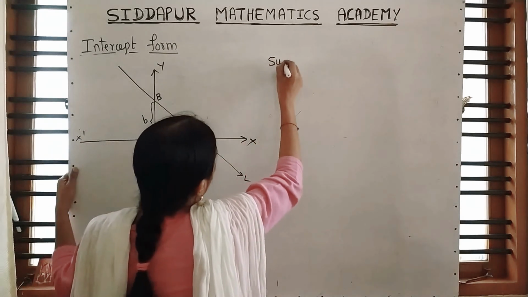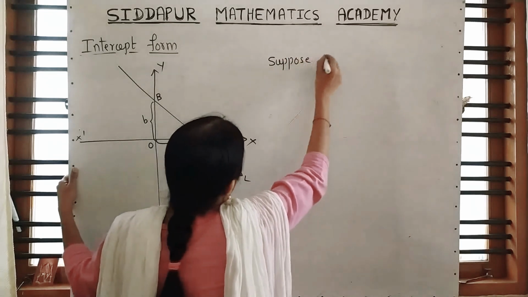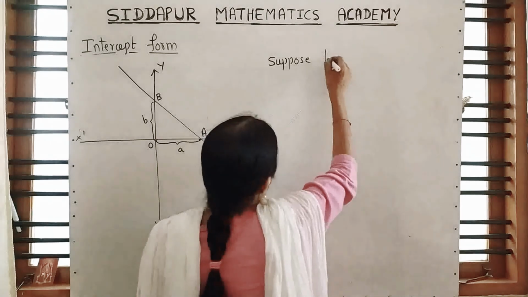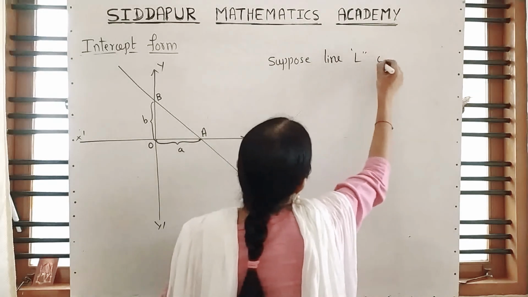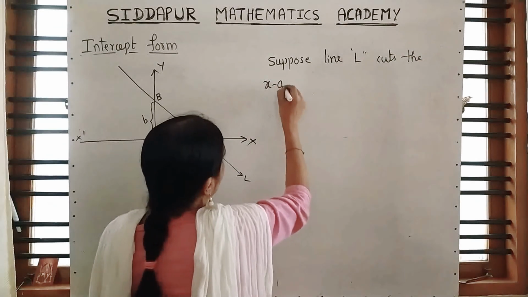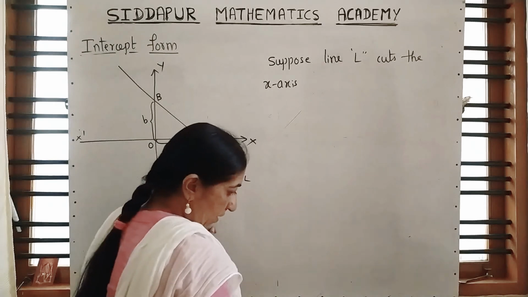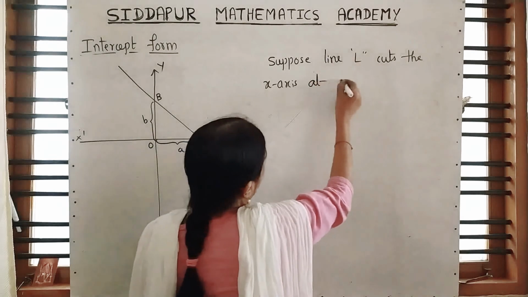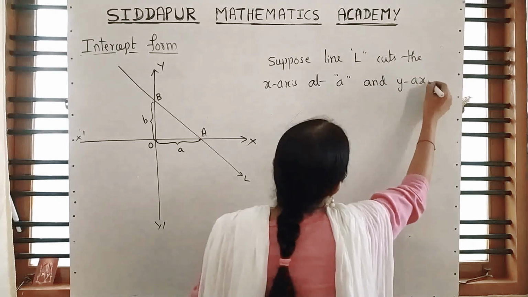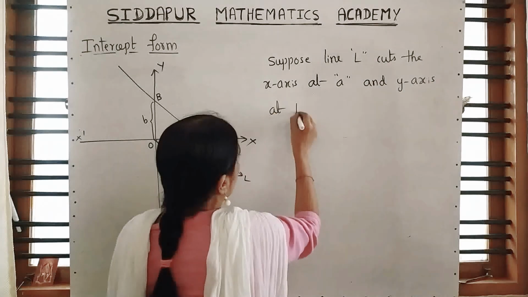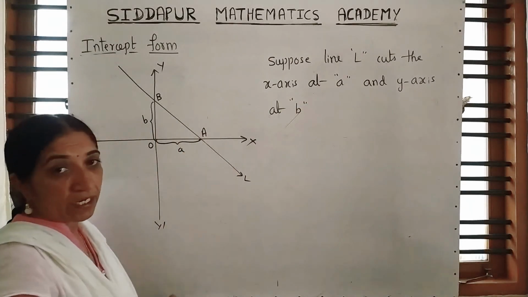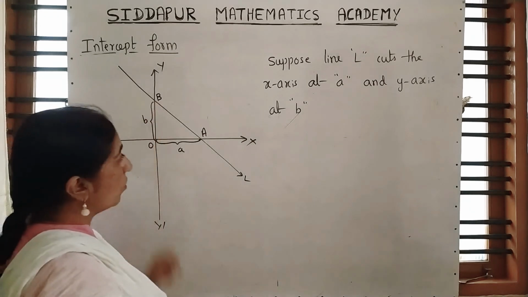Suppose line L cuts the x-axis at A and the y-axis at B. See, point A is on the x-axis and B is on the y-axis.